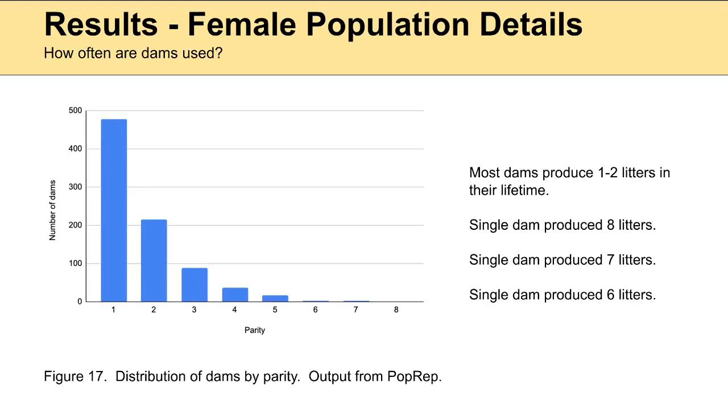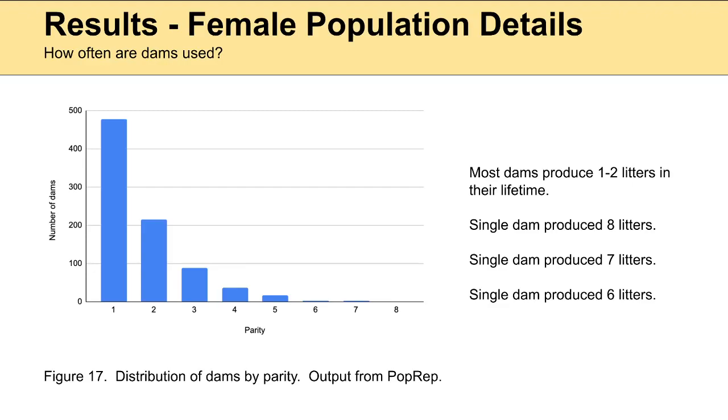And we can also look at how often dams are being used. Is this contributing to why we have a sex ratio imbalance between sires and dams contributing to litters? This is the distribution of dams by parity, from PopRep. So how many dams have only had 1 litter, 2 litters, 3 litters?